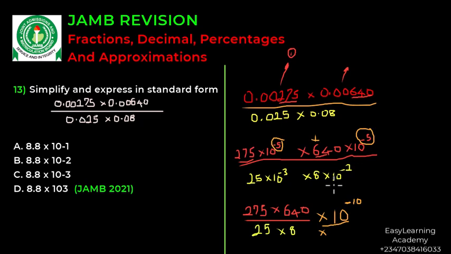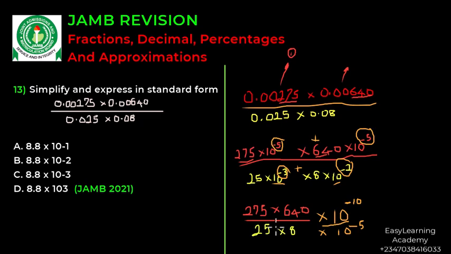Now the power here will be -3 plus -2, and -3 plus -2 will give us -5.